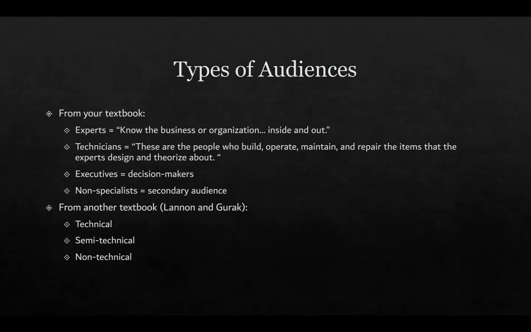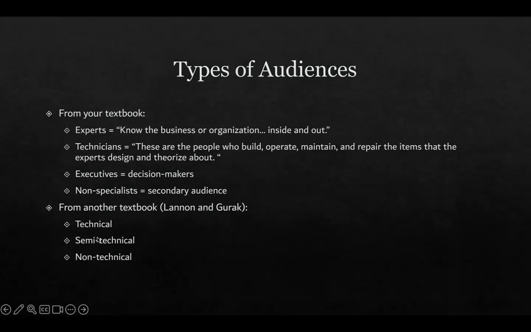There are technicians. These are the people who build, operate, maintain, and repair the items that the experts design and theorize about. And so where experts might write manuals, the technicians have to look at the manual and make sure they can actually design the thing that's being talked about and turn it into a real physical, actionable kind of object or item.